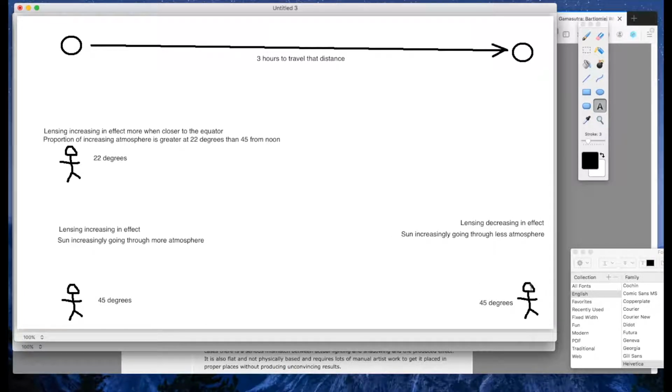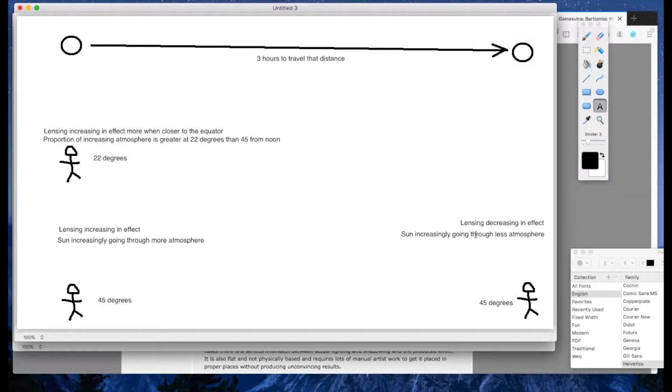Well, from this person's morning perspective, from 9 o'clock to noon, the lensing would have to decrease in effect to counteract the sun's increasing apparent size as it approaches local solar noon, so that it cancels perfectly.